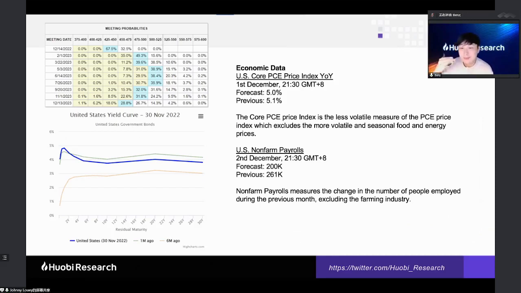But if the data is lower than 200,000, the labor market is bad, and from there people think, oh, I'm not going to invest, I don't take out my money because the economy is going bad. It's a risk off sentiment for both. However, how we interpret it is if payroll is high, it's more bullish for the US dollar.